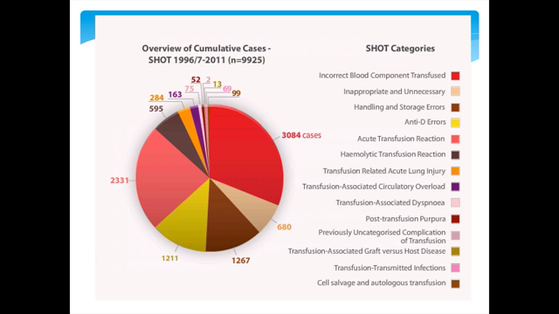So this is a pie chart, and it shows an overview of SHOT cases between 1996 and 2011, and we can see that the biggest hazard of transfusion between those years was in the transfusion of an incorrect blood component. That was followed by acute transfusion reaction, which we'll look at later, and then also graft versus host disease, and also inappropriate transfusions.